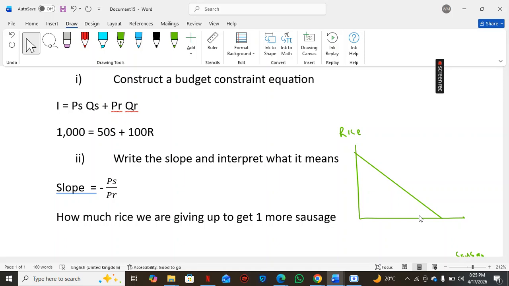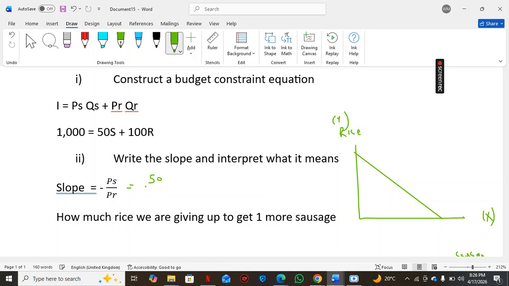This slope represents a trade-off rate. The rule of thumb is you're always giving up whatever is on the y-axis to get whatever is on the x-axis. Since rice is on our y-axis, it's how much rice we are giving up to get one more sausage. If you remember, the price of the sausage is 50 kwacha.